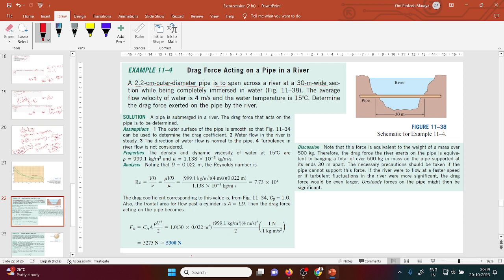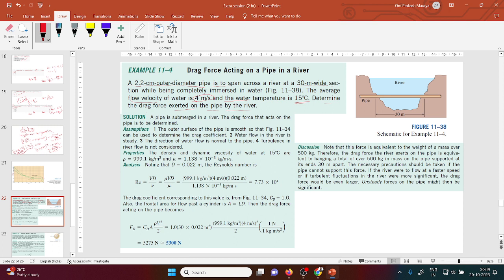The average flow velocity of the water is 4 meter per second, and the water temperature is 15 degrees Celsius. Determine the drag force exerted on the pipe by the river. So this is practical: some pipe you have put in the river, then how much drag will act on the pipe.